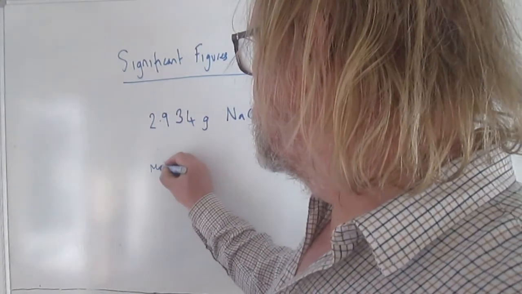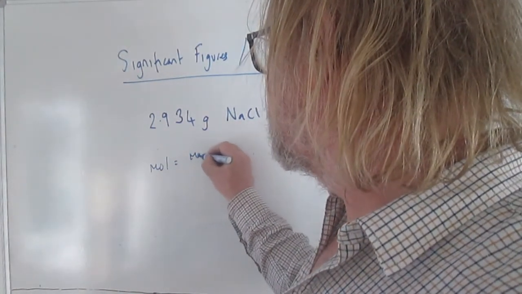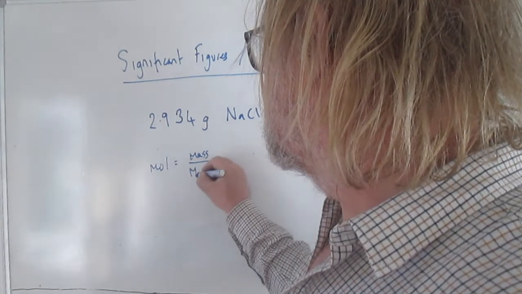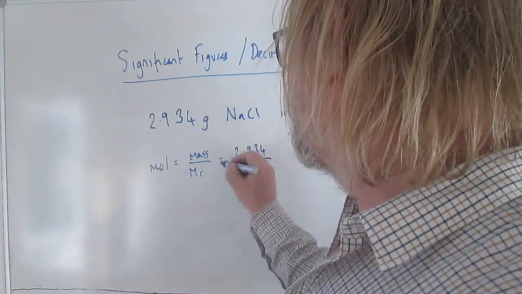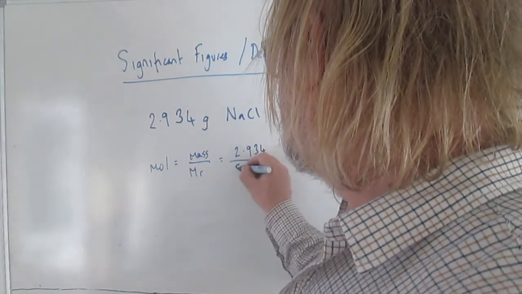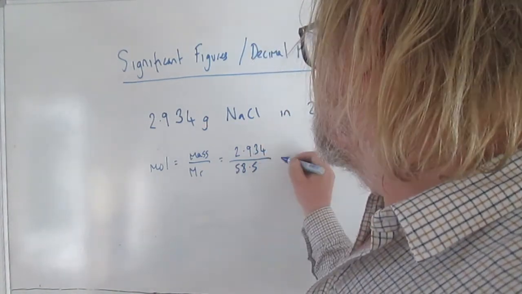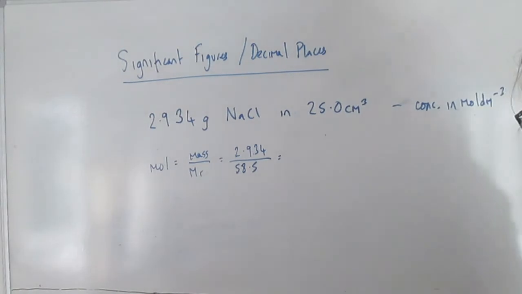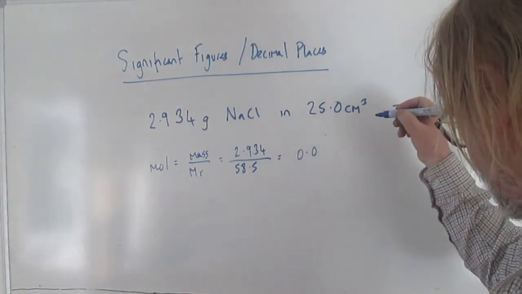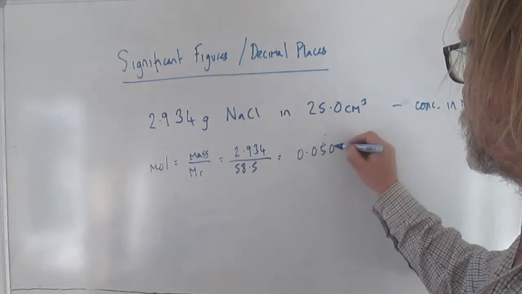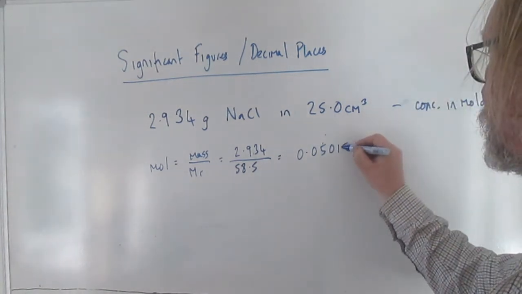So moles is mass over Mr, which is 2.934 divided by 58.5, the Mr of sodium chloride, which comes to 0.050154 moles.